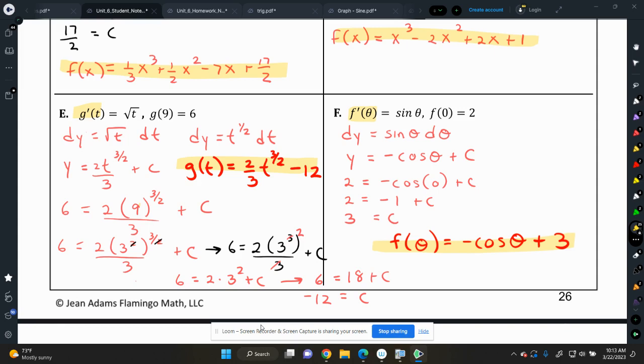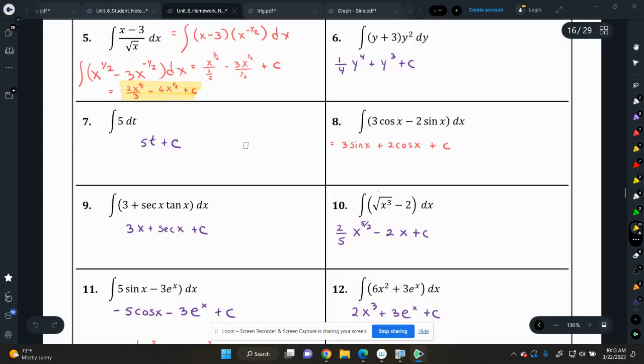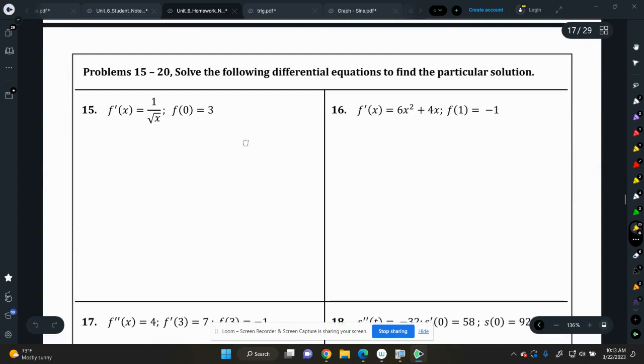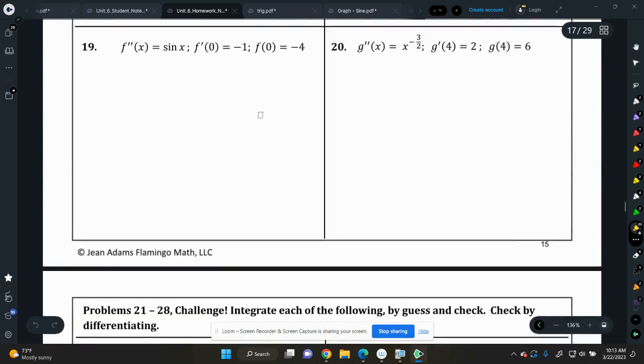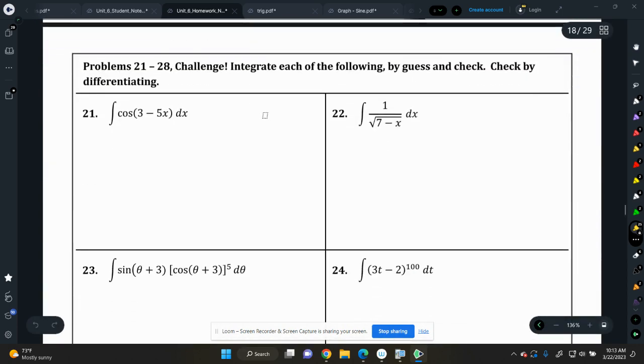Okay, so for homework, you're going to do numbers 15 to 20, right? 15 to 20, and then 21 to 28. These are going to be bonus questions.